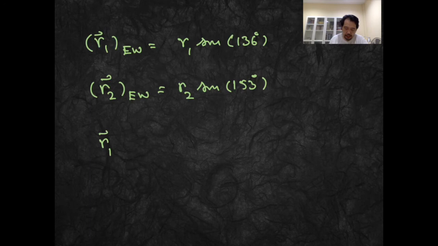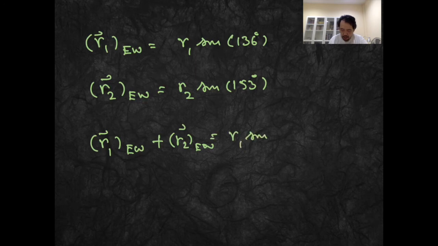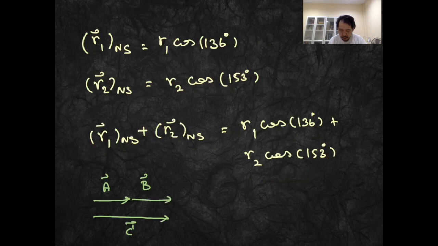And R1 east-west plus R2 east-west is equal to R1 sine 136 degree plus R2 sine 153 degree.